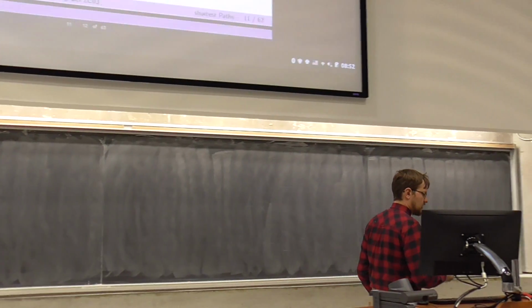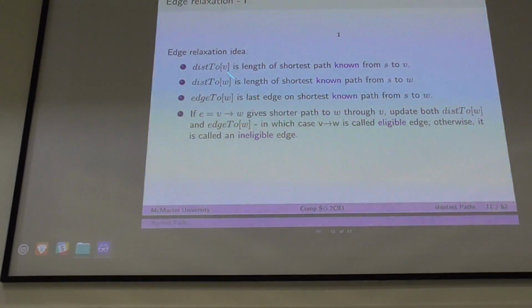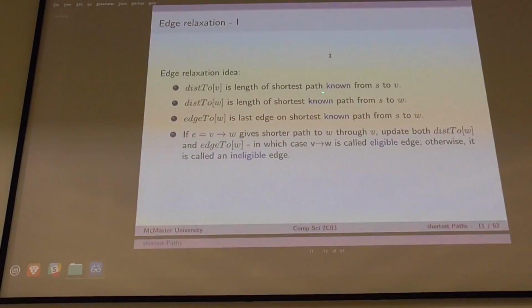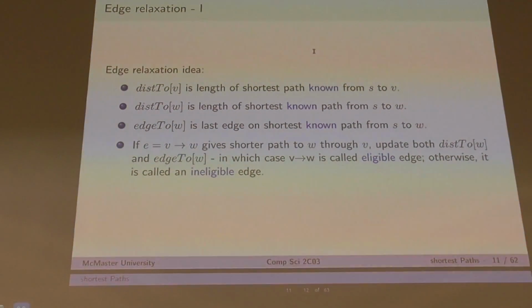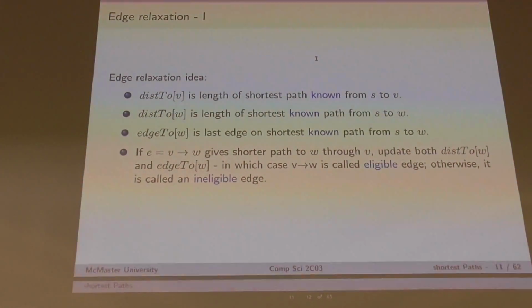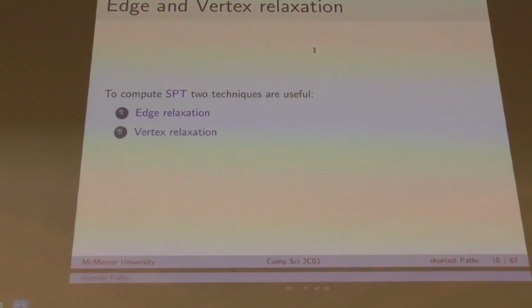Okay? So, edge relaxation. Distance to V is the length of the shortest path known from S to V. So we've already made a slight modification.